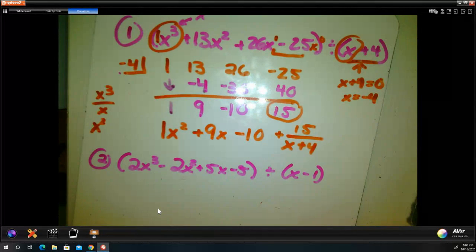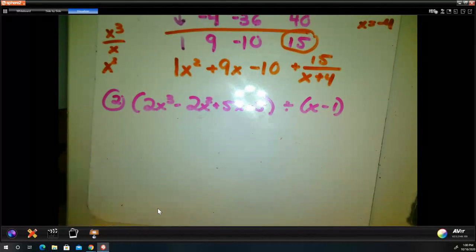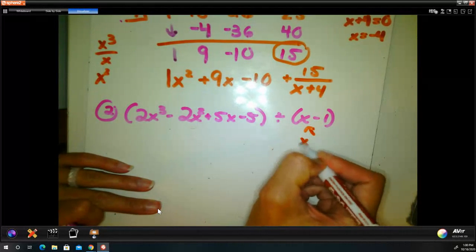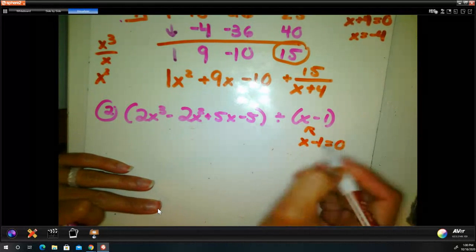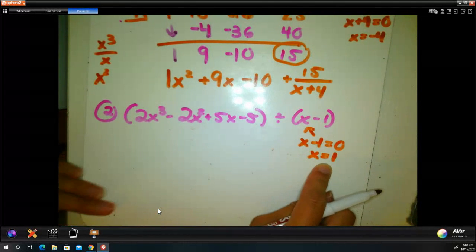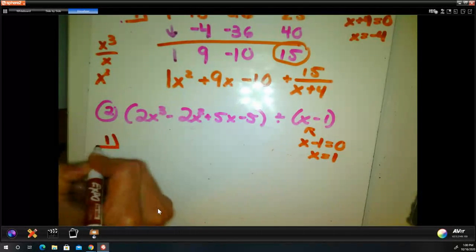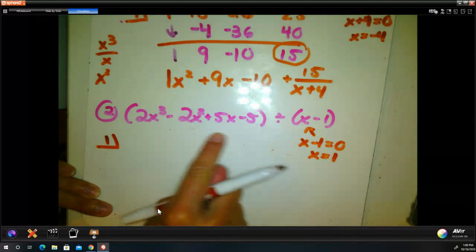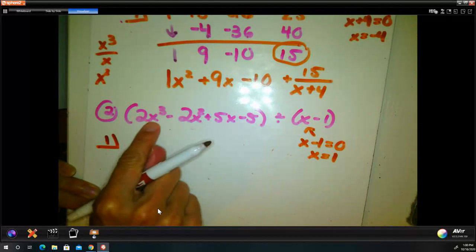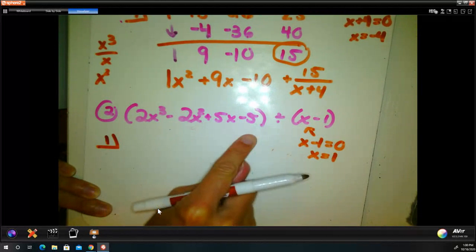Let's try another one. So number 2, my potential factor here is x minus 1. So I'm thinking x minus 1 is 0, would give me a potential solution or 0 at 1. So that 1 is going to go in the box. I'm going to make sure I have all of my terms and that they're in biggest degree to no degree, 3, 2, 1, none.